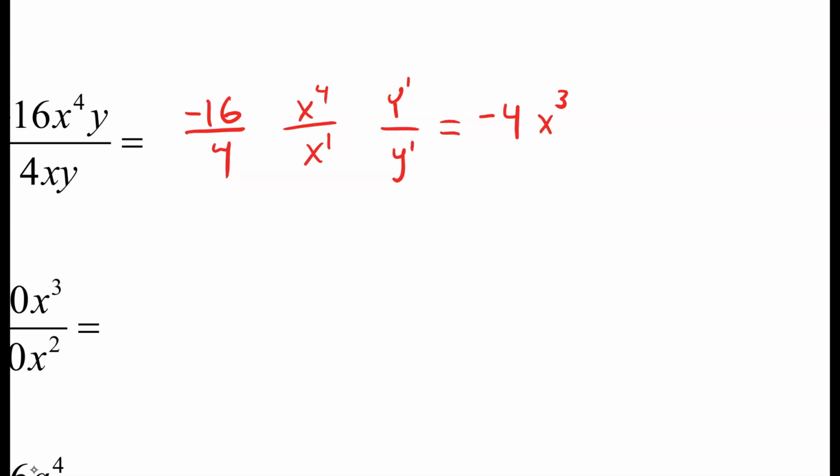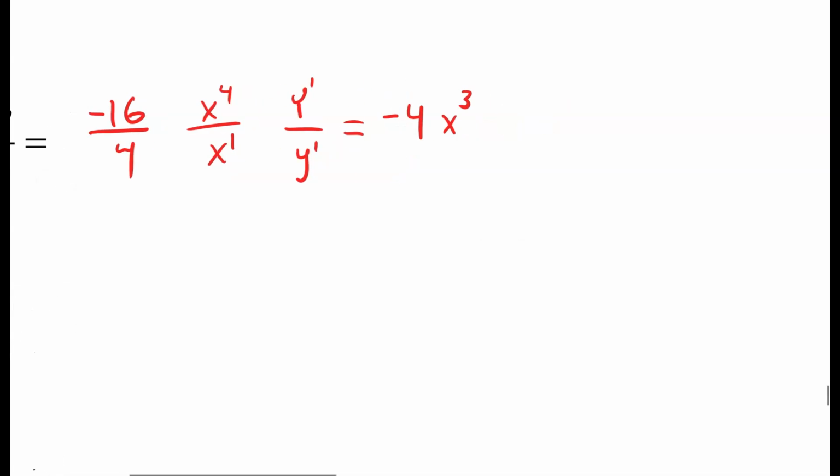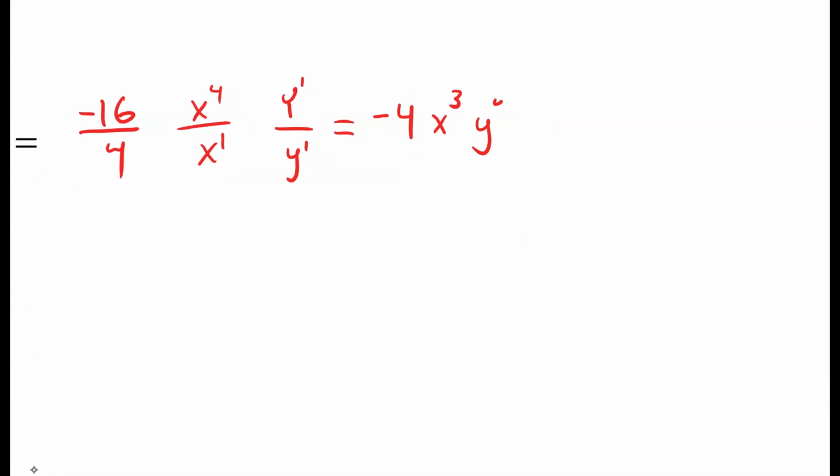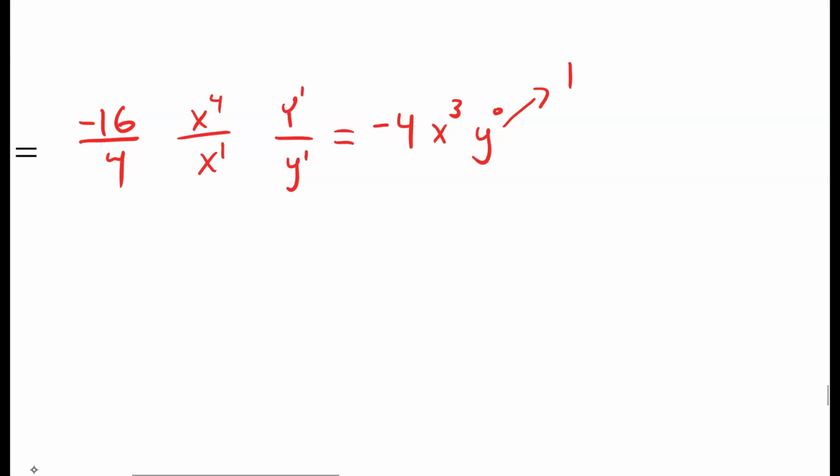And next we have y to the power of 1 over y to the power of 1. Well, 1 subtract 1 is going to get us y to the power of 0. An important thing to remember is y to the power of 0, or anything to the power of 0, always equals 1.